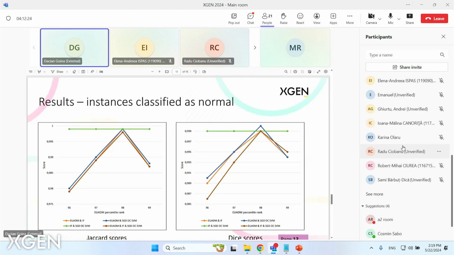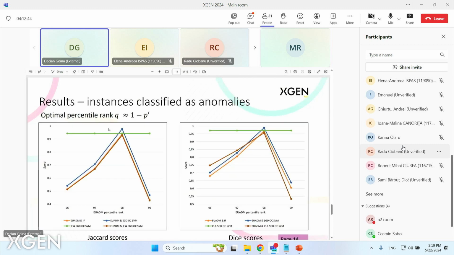And now we have Jacquard and Dice scores for the instances classified as normal, so not anomalies, and they are close to one, so it's almost a perfect prediction. Then we have the results for the instances classified as anomalies.